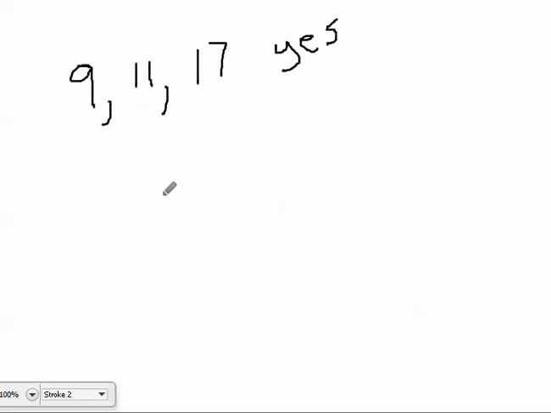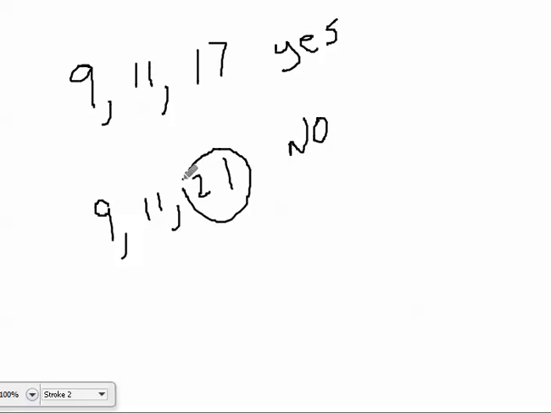Okay? How about if I gave you 9, 11, and 21? Well, 9 plus 11 is 20. 20 is not greater than 21. No, that will not make a triangle because 9 plus 11 is not greater than the third side here. Okay?